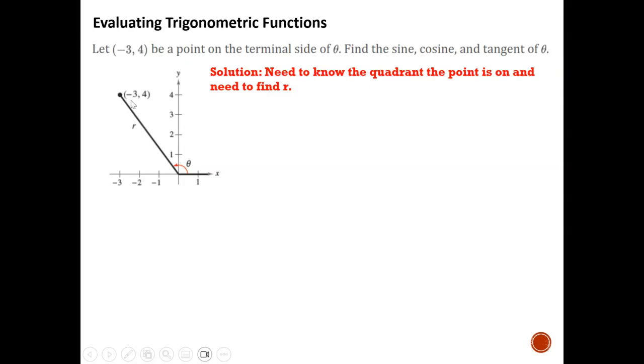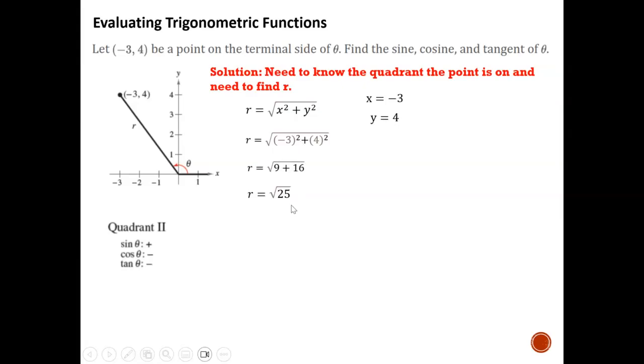So we know it's quadrant 2, which means the sine is going to be positive, the cosine negative, and my tangent negative. And also, guys, we need to find r. And r equals the square root of x squared plus y squared. So let's plug in: my x is negative 3 and my y is 4. So it's going to give us 9 plus 16, which gives us the square root of 25, which gives us 5. So I know my r is 5.